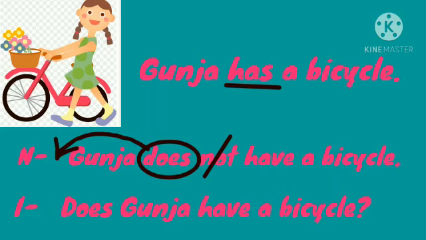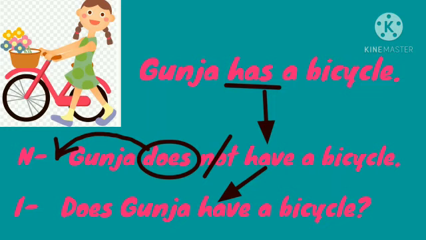Students, never forget to put a question mark for interrogative sentences. And remember this, if you find the verb has, then to make the sentence interrogative, just add does in the beginning and change the verb has to have. Then write whatever sentence is given, and at last, as you know, put the question mark.